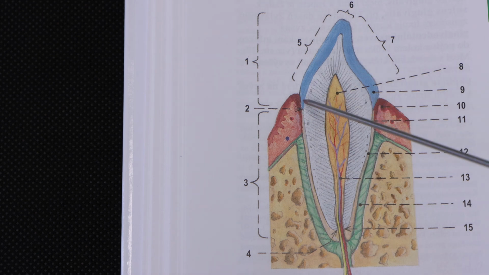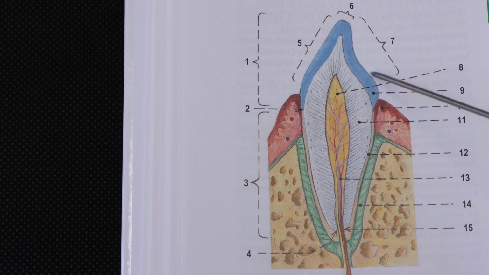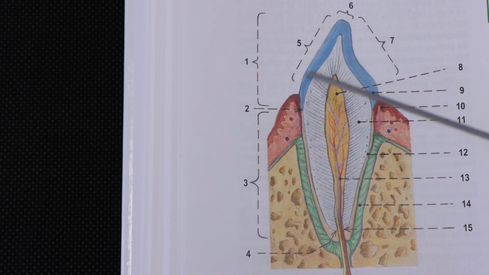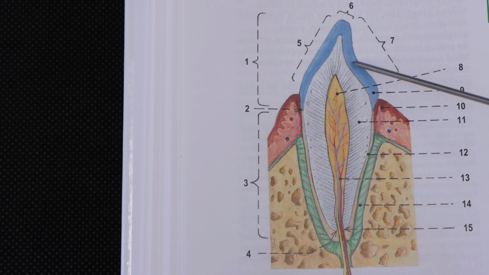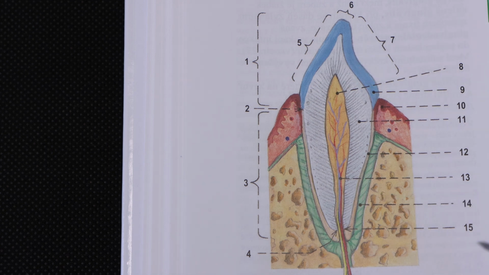The crown of the tooth is covered by this structure which is called enamel. Enamel is the hardest structure of the body, approximately 1.5 millimeter in thickness.